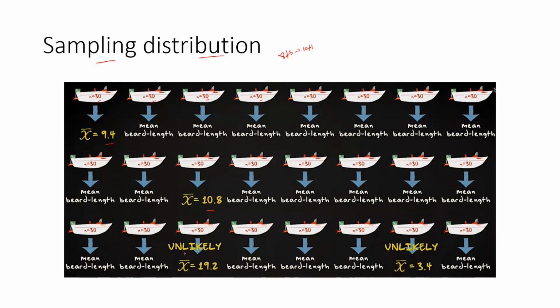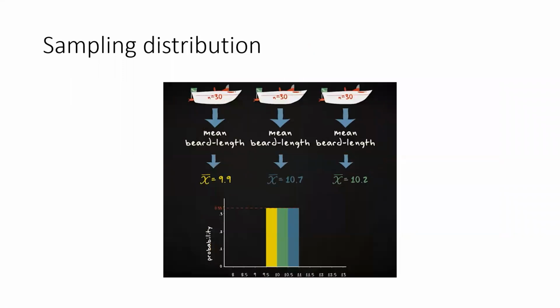It is highly unlikely that your mean would be somewhere about 19.2. Also, it's highly unlikely that your mean is 3.4, right? If we take a sample of, let's say, 3 boats and take a mean, you can say that your mean is somewhere here, right?